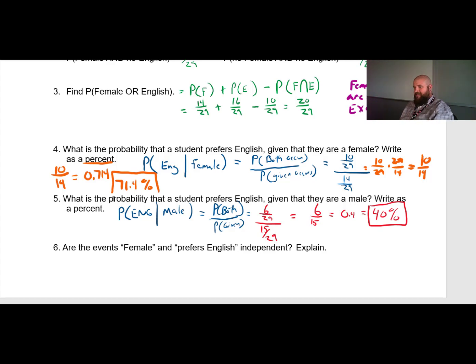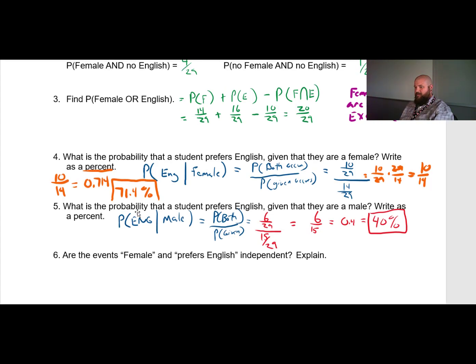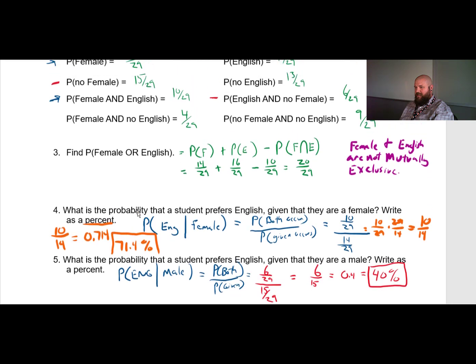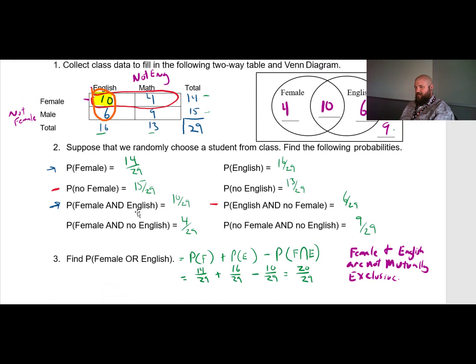But hopefully you guys see here that as far as being female and prefers English, that highlighted value right there, if it changes, well then that changes everything for the English value probability and for the female probability. So if it's going to cross like this, and you can see that in a table, you should understand that it is not independent, okay?